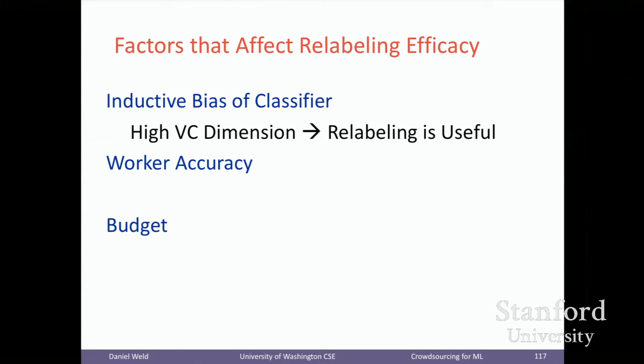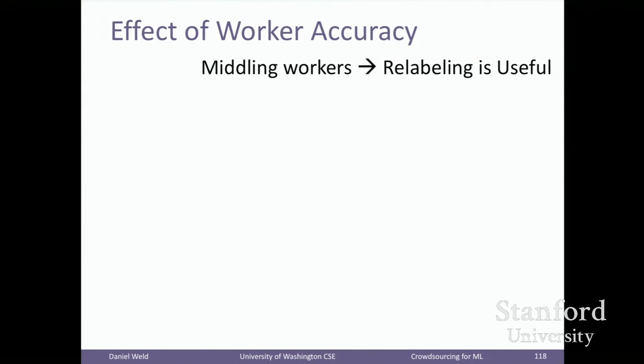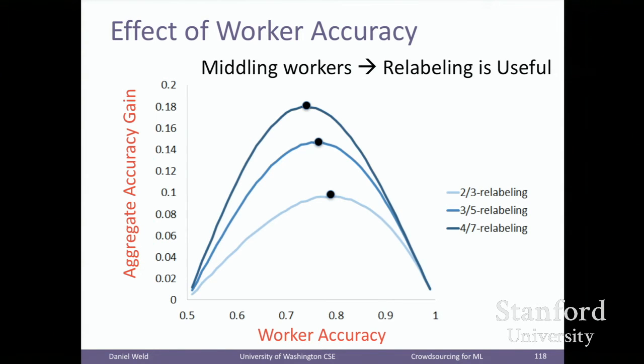The second question is worker accuracy. It turns out that relabeling is most important when your workers are just right in the middle. If your workers are really bad, then it doesn't really matter what you do. If your workers are perfect, then clearly what you want to do is unilabel, because you're getting perfect labels, so there's no benefit.